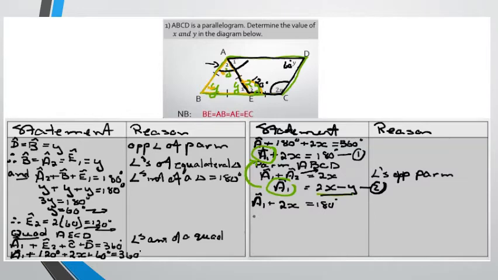So I'm going to have 2x minus y, and I continue now with the rest, plus 2x equals 180 degrees. Therefore, 2x plus 2x going to give me 4x.